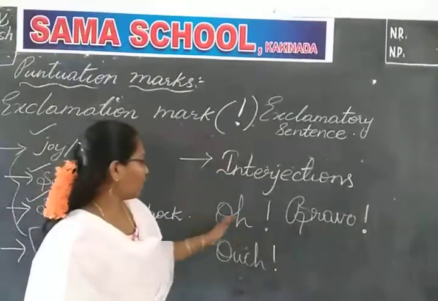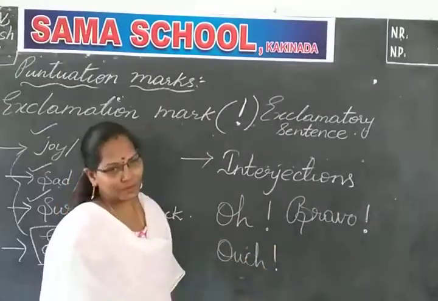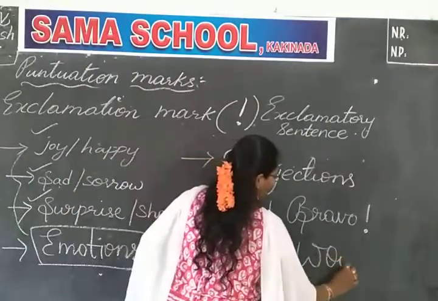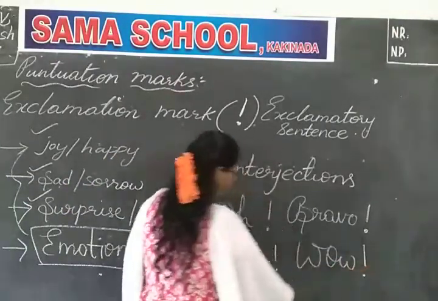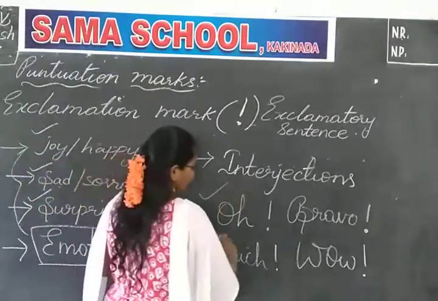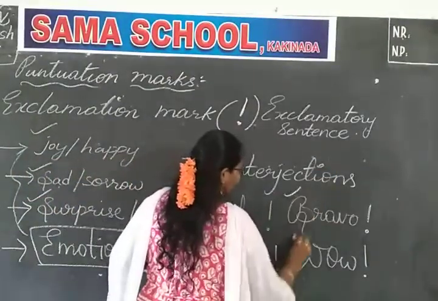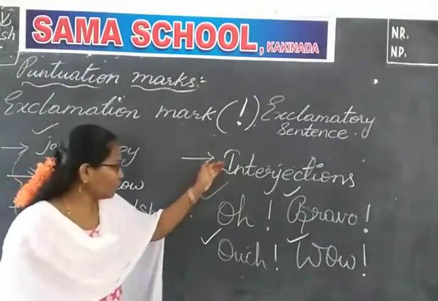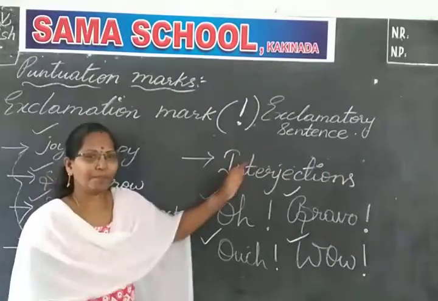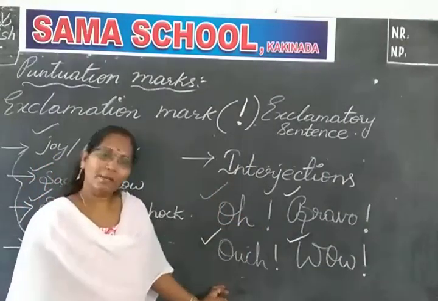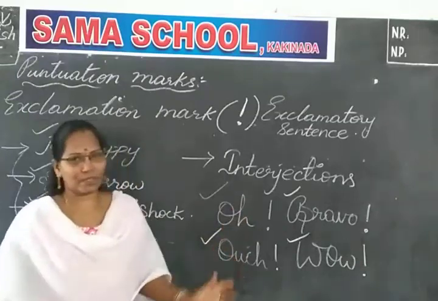Ouch. Oh. Bravo. Wow. These types of words we call interjections. Whenever you get an interjection, next to the interjection we use the exclamatory mark. Hope you understood this one.